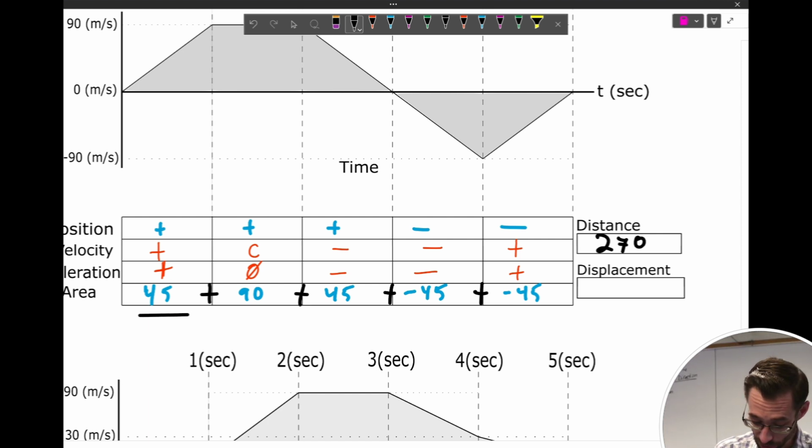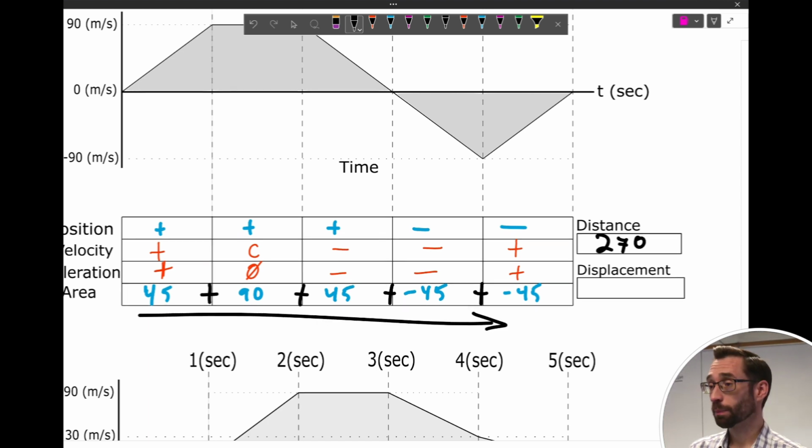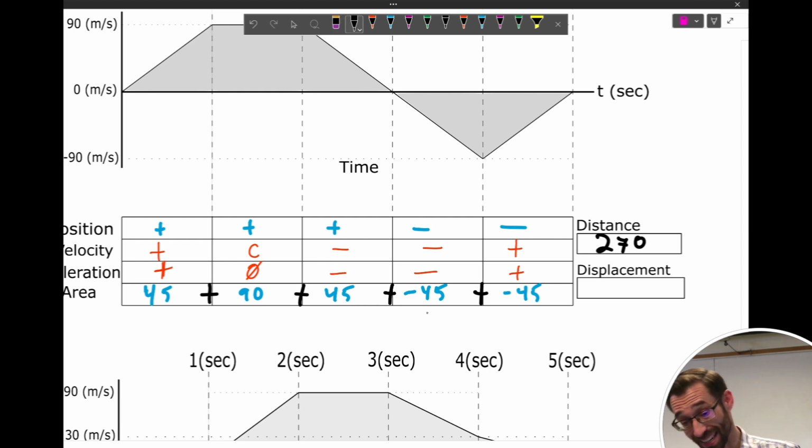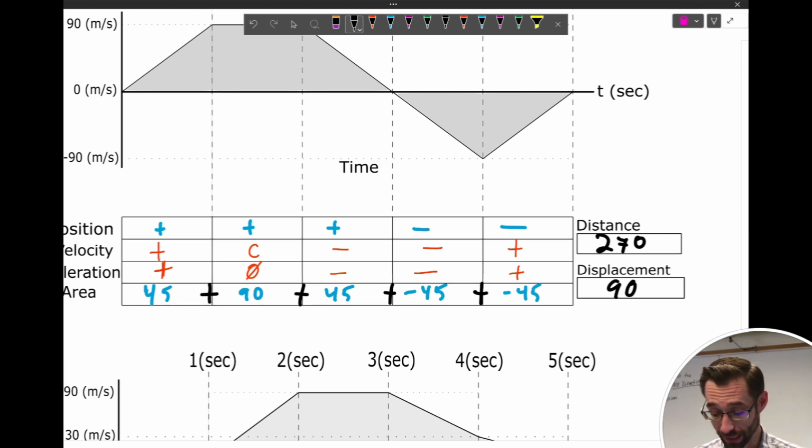So if I add this straight out, how many people got 180? Okay, nobody did that. All right. So if you just put this straight into the calculator and don't modify it at all, 45 plus 90 plus 45 plus negative 45 plus negative 45, I end up with 90. Cool? And of course, meters.